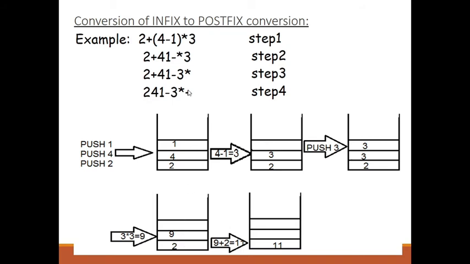And the last operator is plus, and we take only the last two contents of the stack, which are 9 and 2. So we'll be using the plus operation, or addition: 9 plus 2 is equivalent to 11. So the result of the postfix evaluation using the stack is 11.